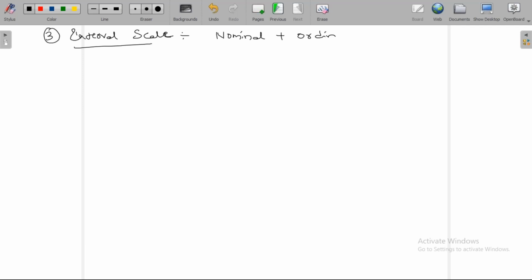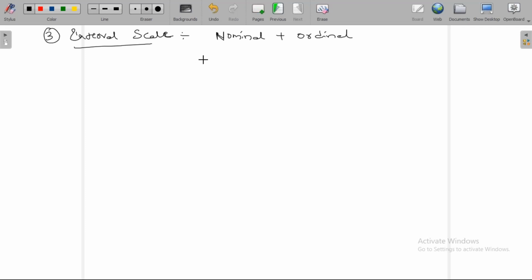What is the difference between 10 and 20? 10. Between 20 and 30? 10. Between 30 and 40? 10. So this is what is called interval scale. You will be seeing in graphs 0, 10, 20, 30, and 100, 200. These kinds of scales which take magnitude into consideration are known as interval scales.